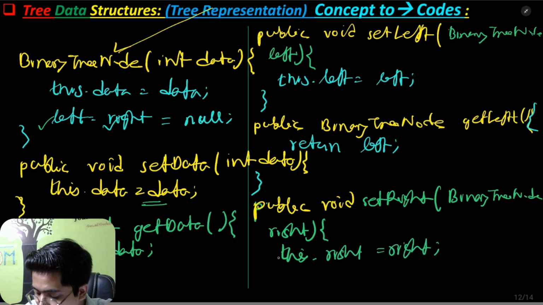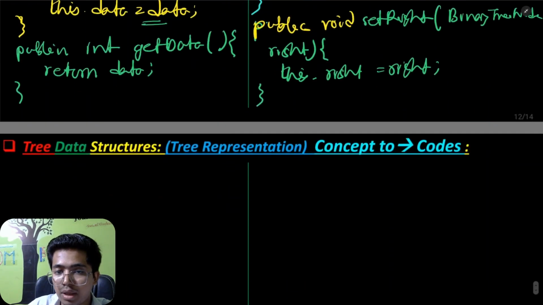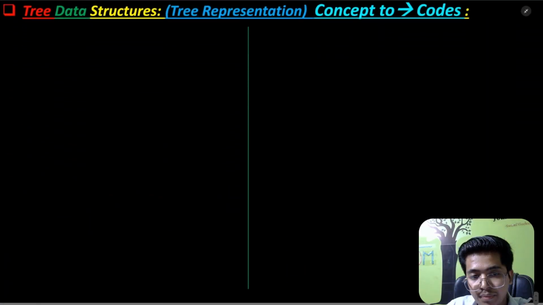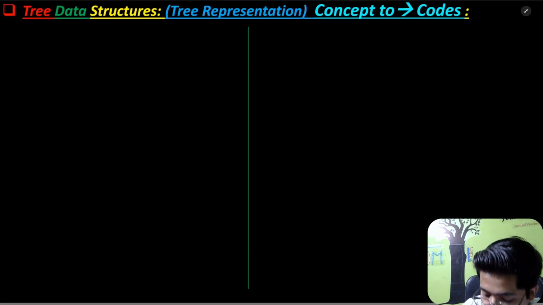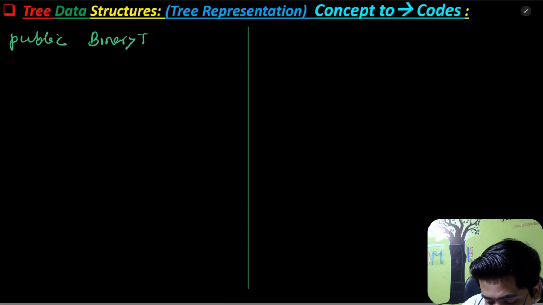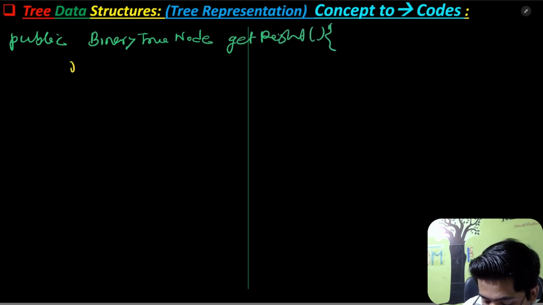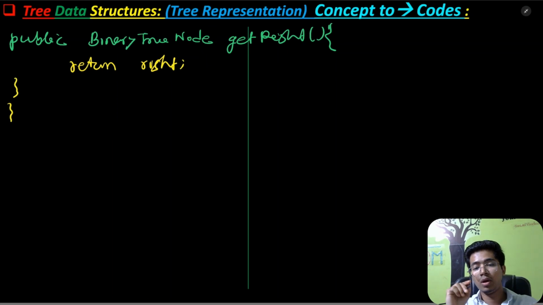So we created the setter. Now we'll be trying to get this right position data. Public, not void, the data is of binary tree node. Public binary tree node get right. Now we get the right data, so we'll just return right.